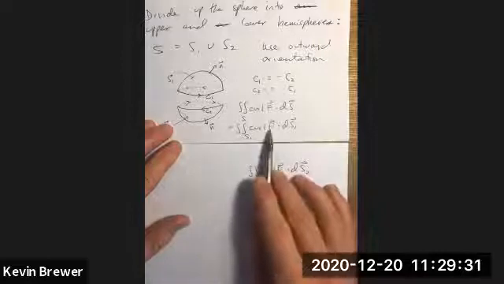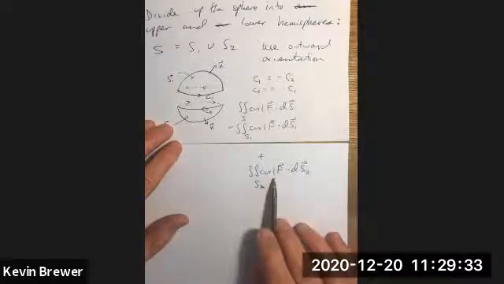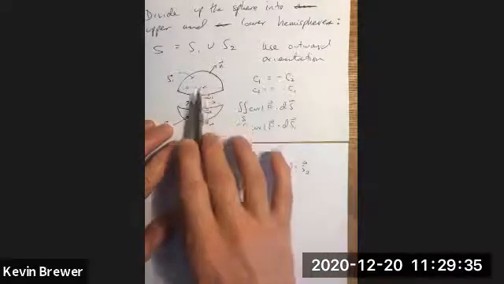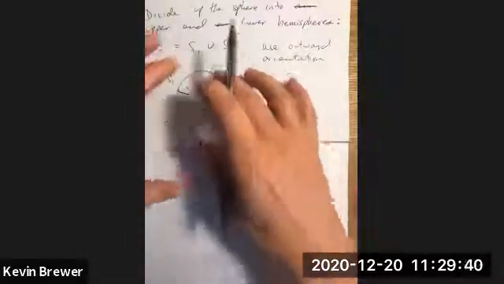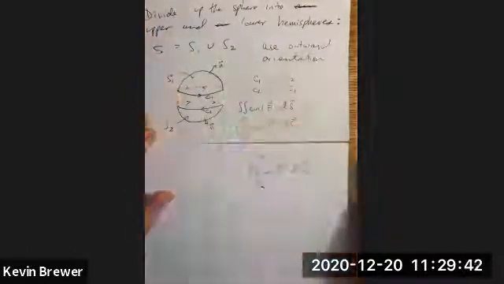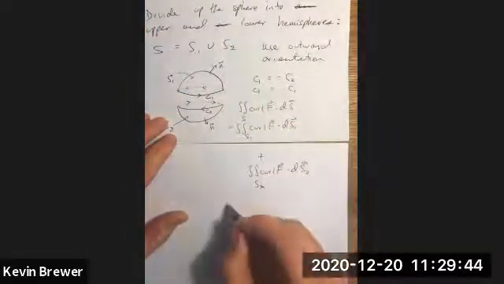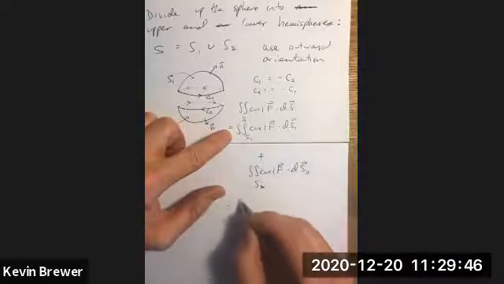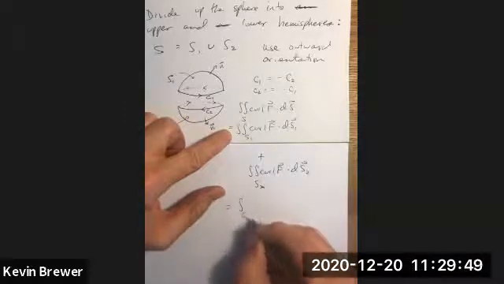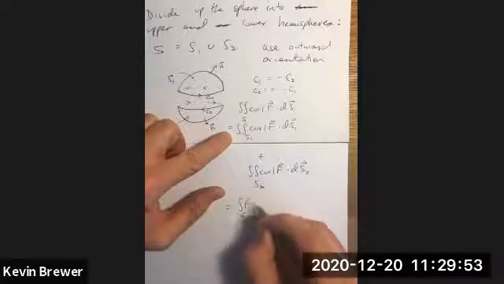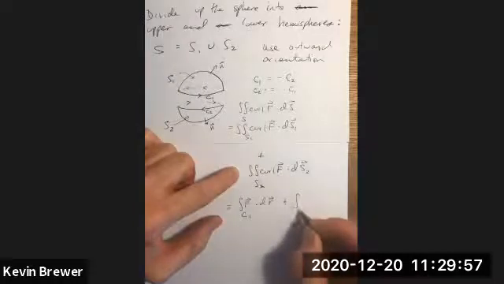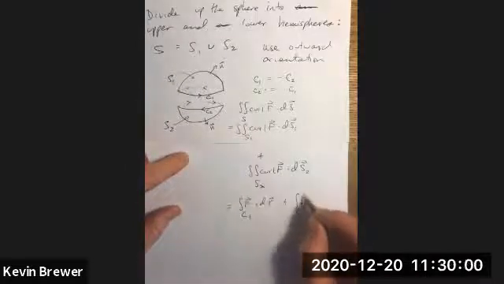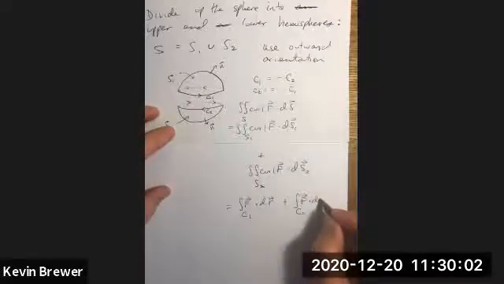Then we can apply Stokes' theorem to each of these, because since the assumptions were met for the whole sphere, they're met for each hemisphere. So the first one is the line integral along C1 of F dot dr, and the second is the line integral along C2 of F dot dr.